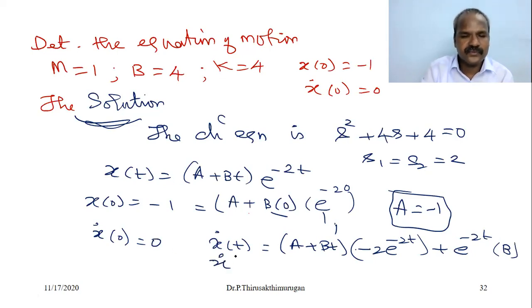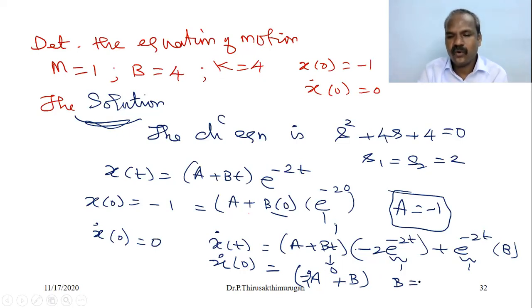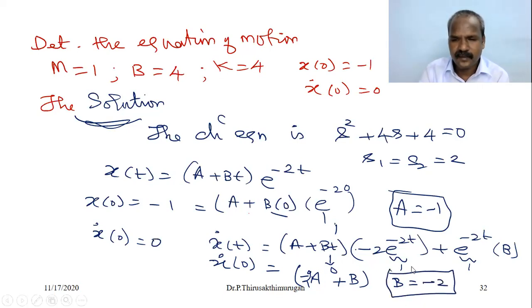Okay, now x dot of 0. So this becomes 0, this is 1, this also 1. So we find minus 2a plus b. So minus 2a plus b equal to 0. So a is minus 1, b is minus 2, right?